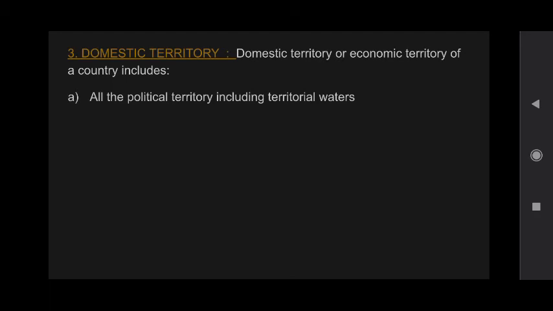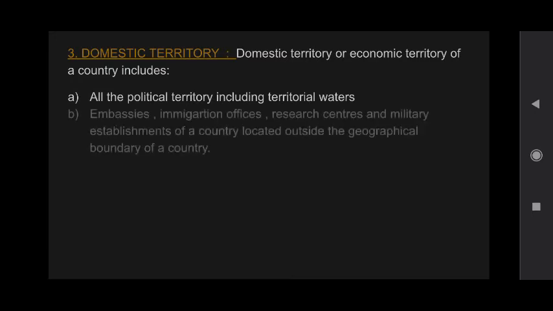Number one, all the political territory including territorial waters. Second, any embassies, immigration offices, research centers, and any military establishments of a country which are located outside the political or geographical boundary of a country will be a part of the domestic territory of that country.